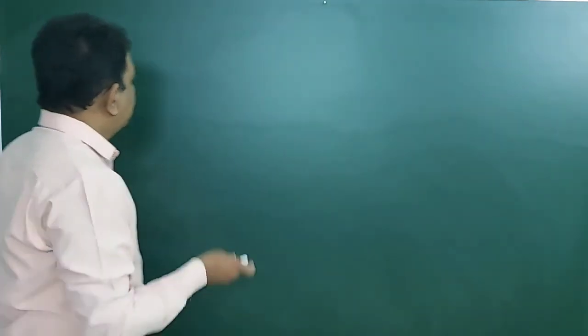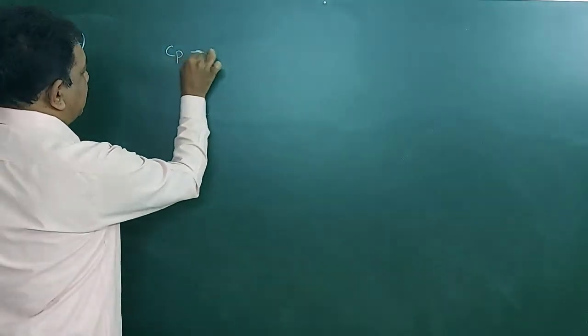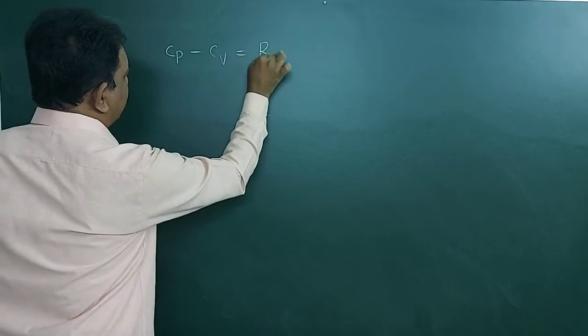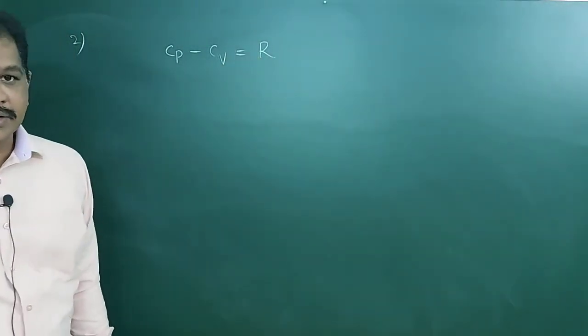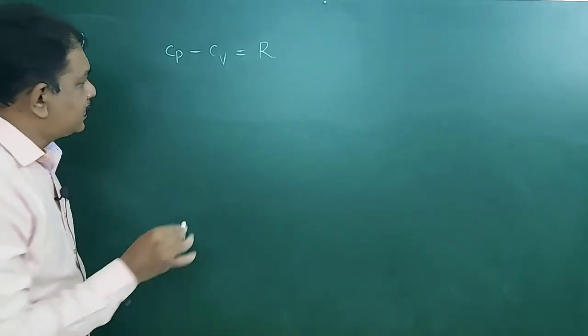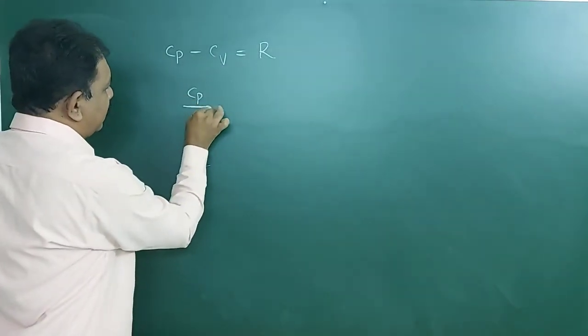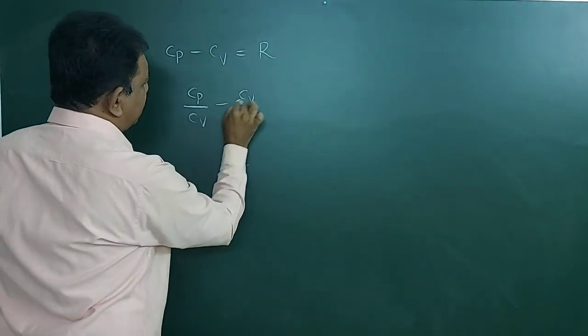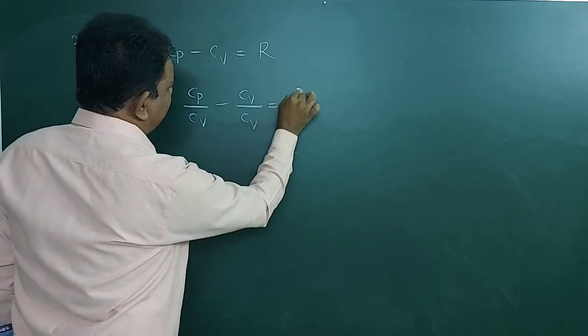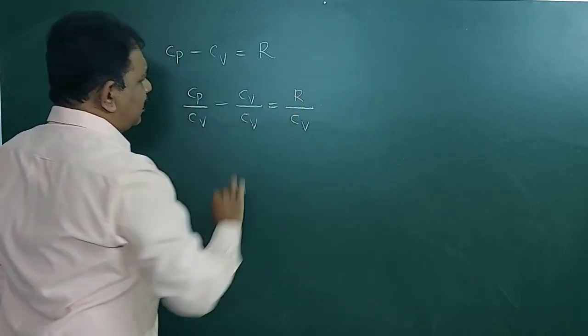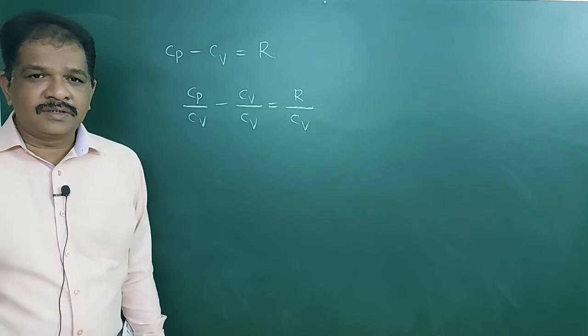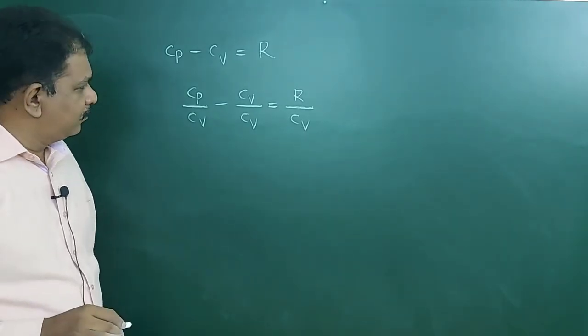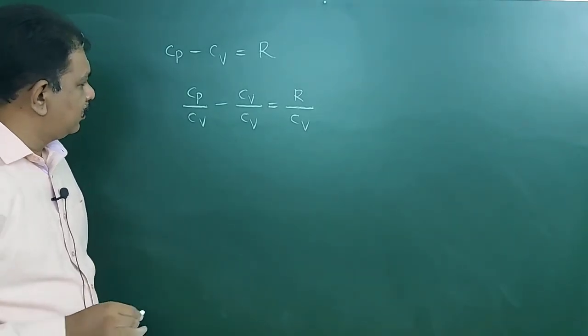So Cp minus Cv is equal to R. Already we know the relation. Divide with Cv on both sides. Cp by Cv minus Cv by Cv is equal to R by Cv.